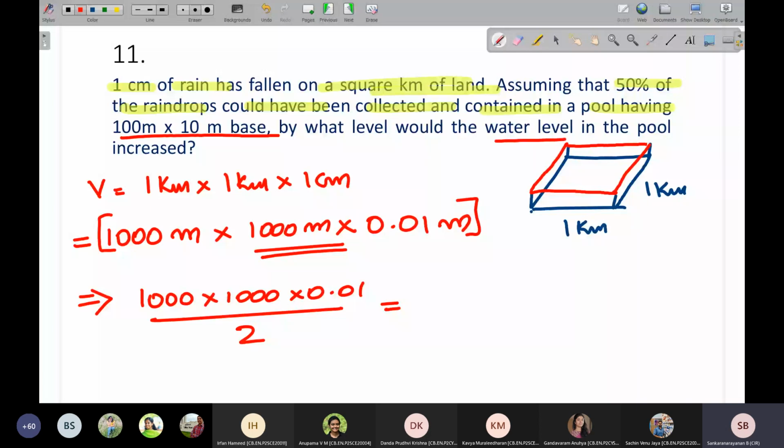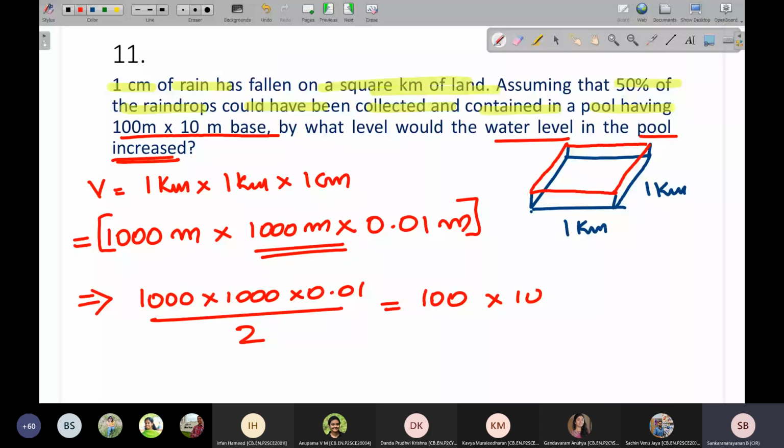To find the height of the water level in the pool, it is enough to find the effective volume of water guided to the pool and equate it to this base area, 100 into 10, into some h meters of height by which the water rose in that pool. Is it clear to you?